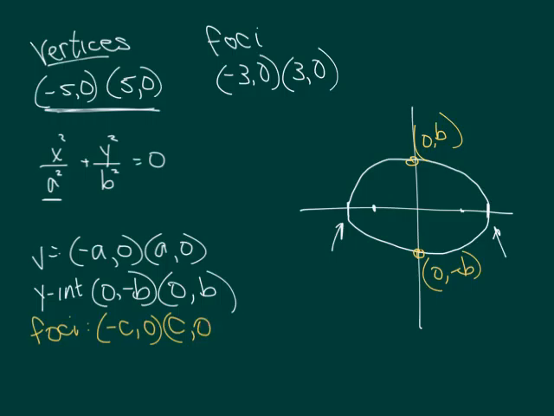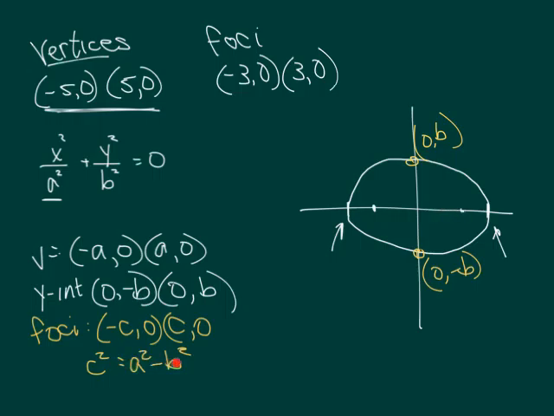One more equation, though: they say c squared equals a squared minus b squared. So they're saying that if we take the distance from here to here and square it, minus the distance from here to here and square it, we're going to get the distance from here to here squared.